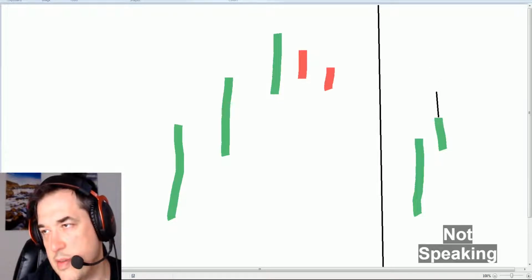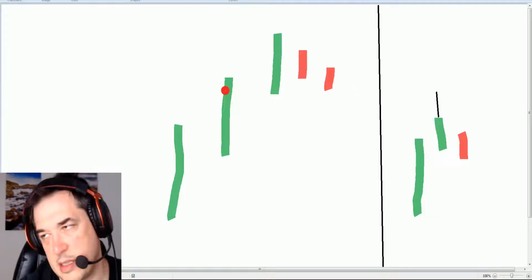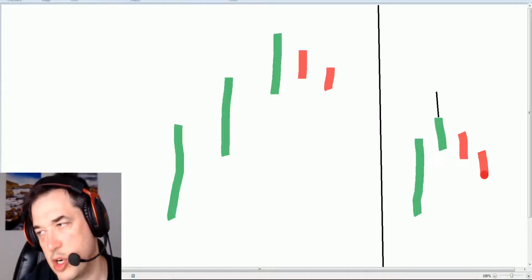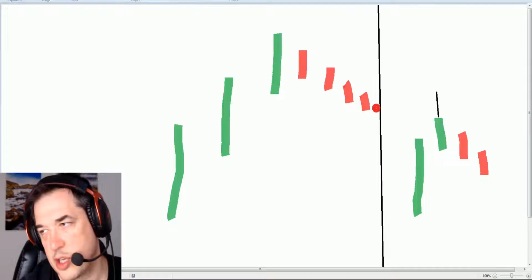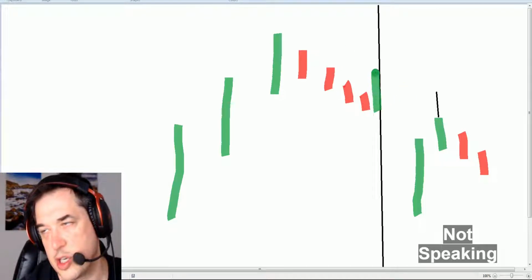Then you have the formation of the red candle, and the next candle's about to open, and you're basically looking for this right here to go up.